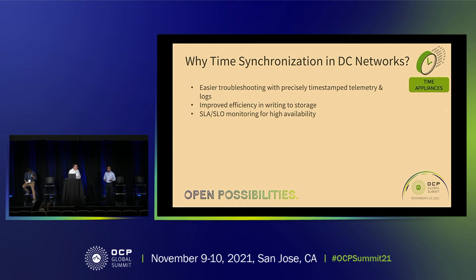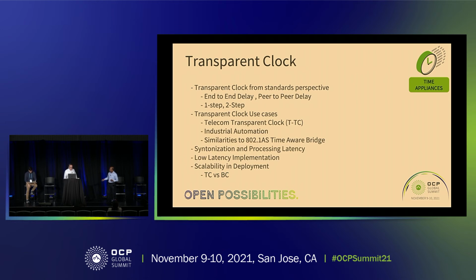In that case it becomes important to have very tight synchronization in the network, so that you can gather the statistics with high precision and then prove that the network delivered the SLA metrics. With that, I will give it to Amit, my colleague, to go into the TC and BC scenarios.